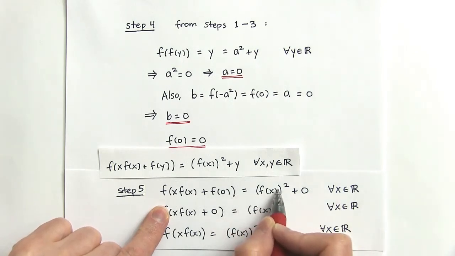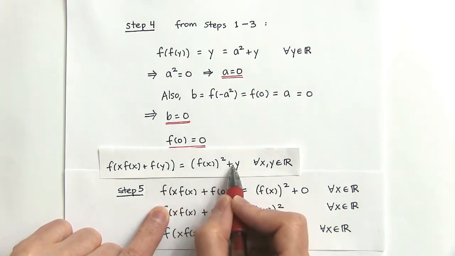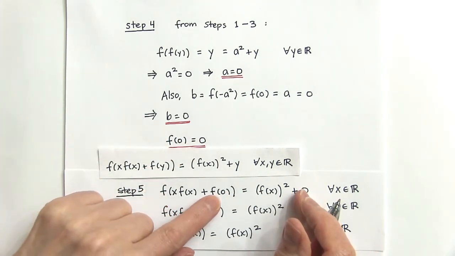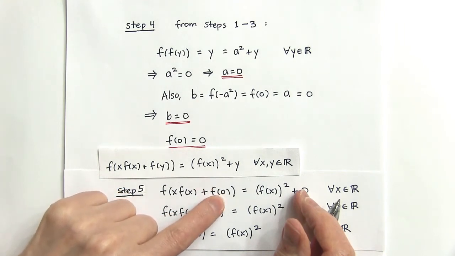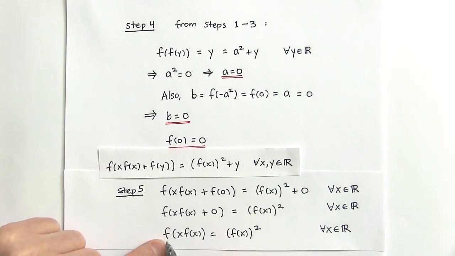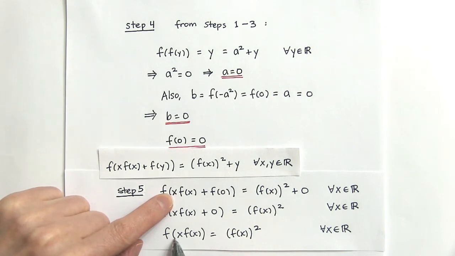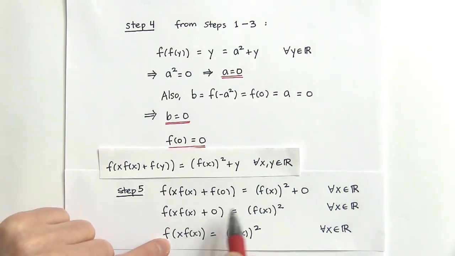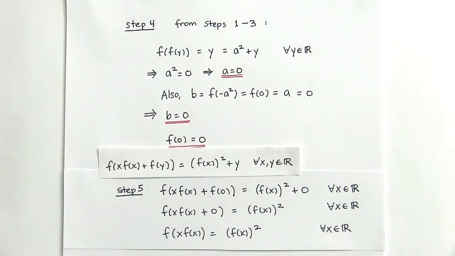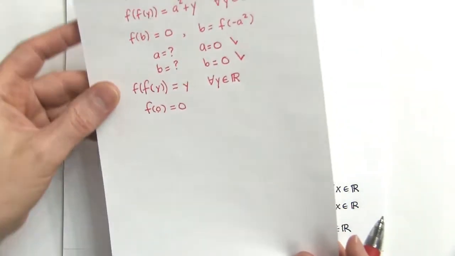Again, this comes from substituting in 0 for y in this expression, but we know that f at 0 is 0, and so the left-hand side simplifies just to f evaluated at x times f at x, and the right-hand side simplifies down to just the square of f at x. And this equality must hold for every real value x. I'll write that down in my list of conclusions.